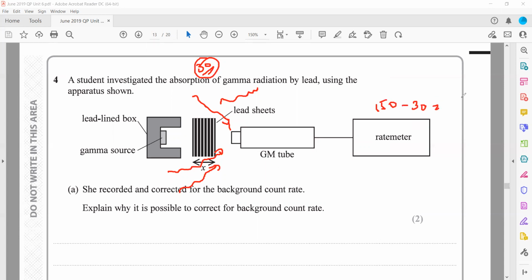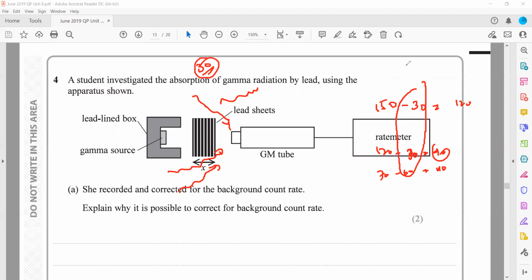It will be 150 minus 30 equals 120. If the reading changes to 120, again we subtract 30, so 120 minus 30 is equal to 90. Then 70 minus 30 is equal to 40. So every time we have to subtract the same number.